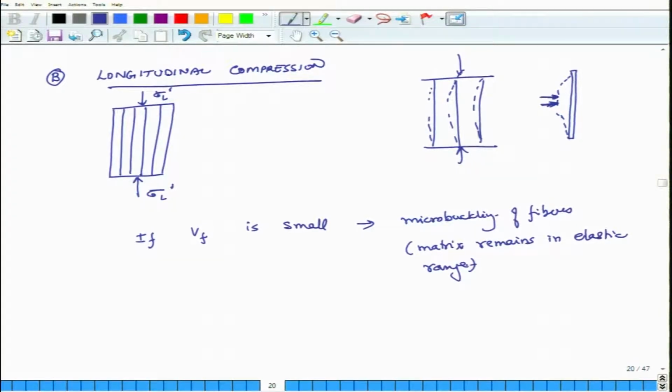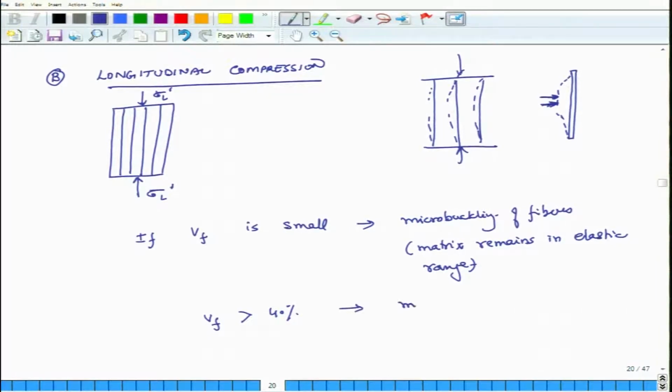Now, if you have a lot of fibers, that means that the volume fraction is large. So, let us say it is more than 40%, then what happens?